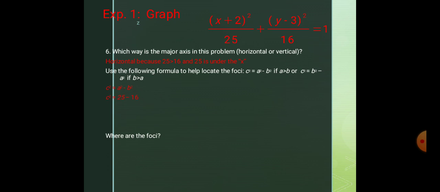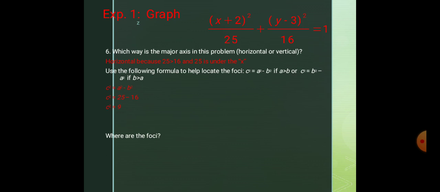Then substitute. c squared equals 25, because our value of a squared is 25, minus 16, because the value of b squared is 16.